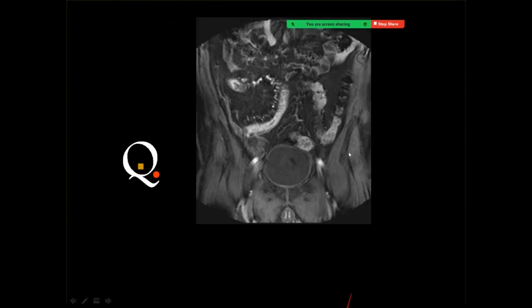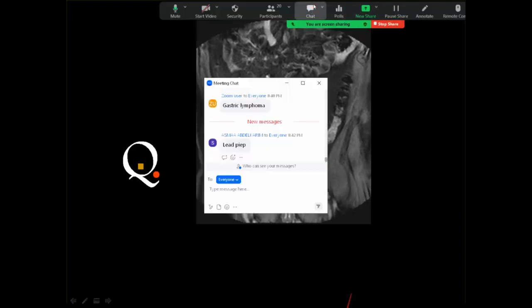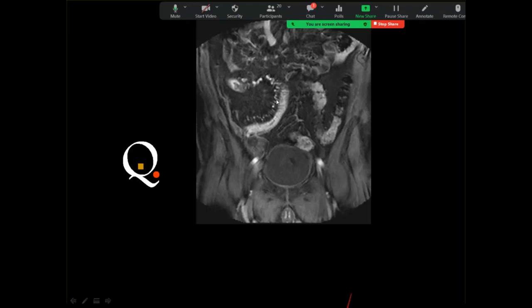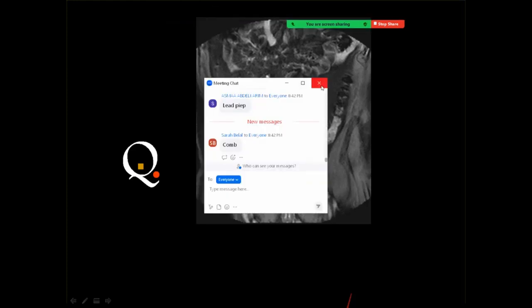Okay, I have mentioned in the recent lecture that one of the diagnostic criteria of Crohn's disease is the comb sign. This comb sign is the result of dilated vasa recta vessels along the mesenteric border of the affected loop. And this is one of the best diagnostic signs of active or acute Crohn's disease, known as the comb sign.